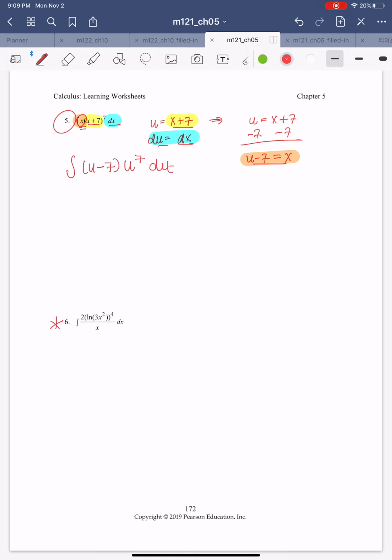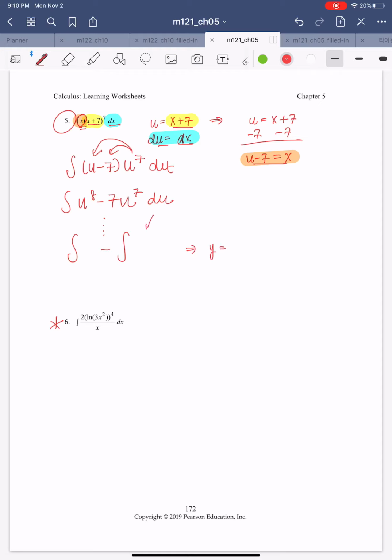Everybody seeing that? Now I can distribute this one. So I have u to the 8 minus 7u to the 7th power du. Now you know how to do this. You can separate and take the antiderivative of each u term, so two different integrals.